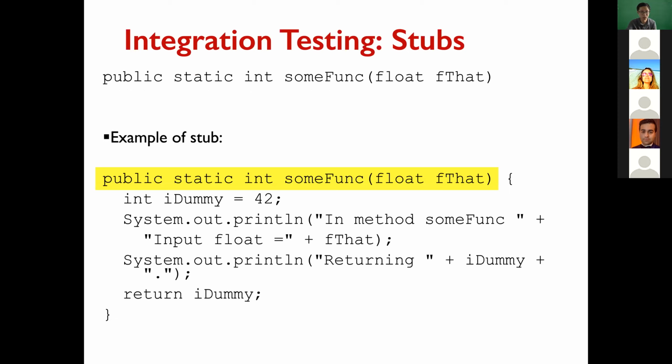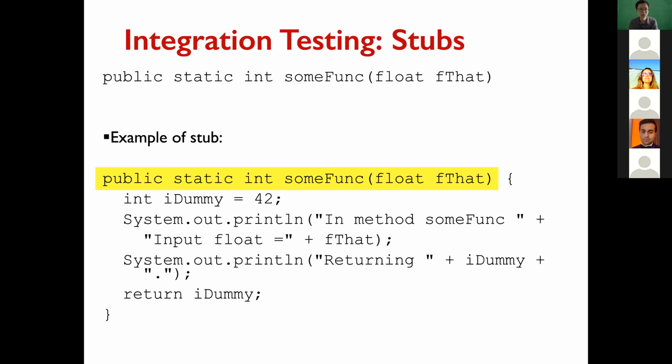For example, here we just define an integer, print some information, and return the integer. That is a stub. This stub can be used to replace the actual function in the testing of the dependent unit.